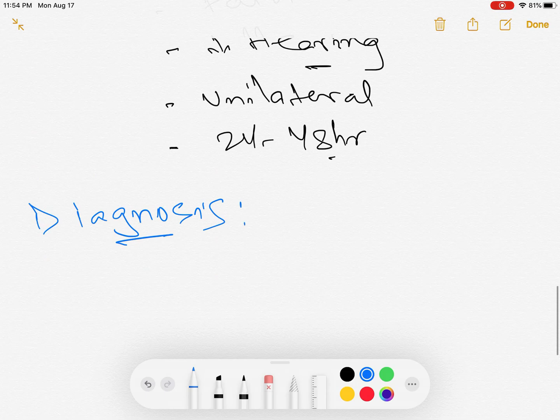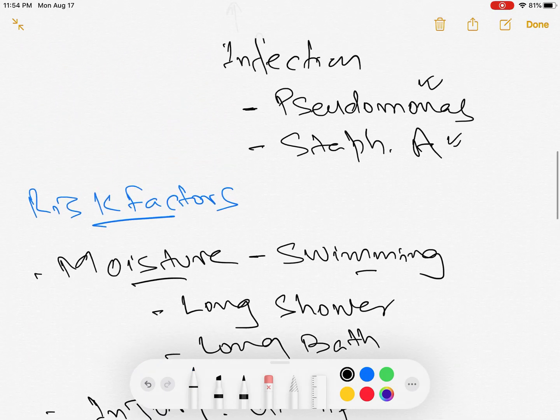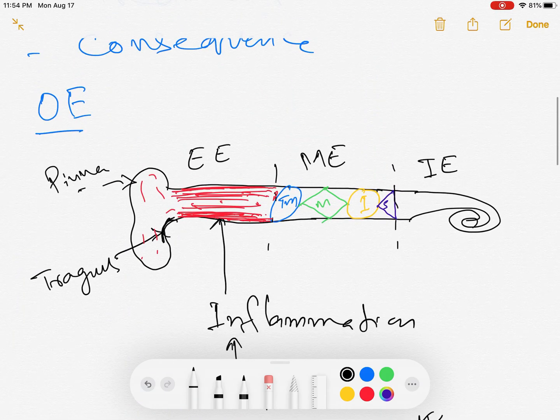But on the physical exam, what you will find is a few things. First of all, if you look at the ear and push on the tragus, something called tragus tug, the patient will have pain, and that is a classic finding for otitis externa. Or when you manipulate the pinna, they will have tenderness in the ear.